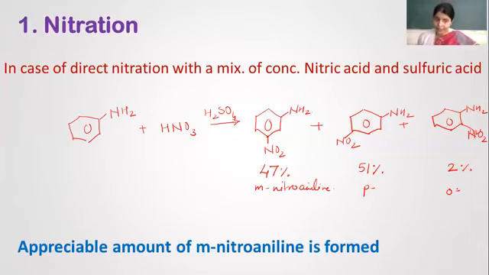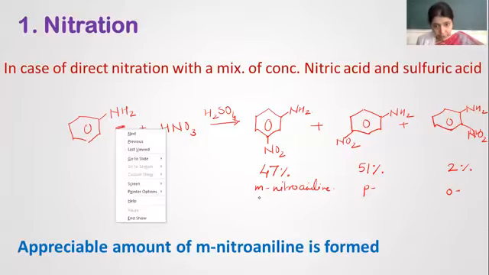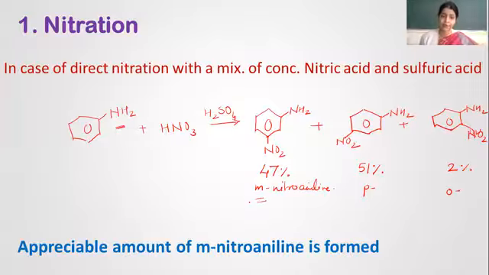Now, there is one question. When the NH2 group is ortho-para-directing, then how is it possible to form meta-nitroaniline? And in this particular reaction, an appreciable amount of meta-nitroaniline is formed.